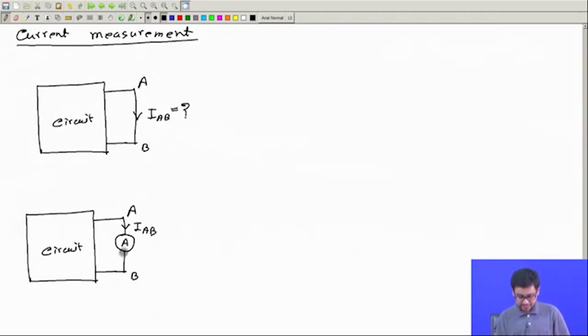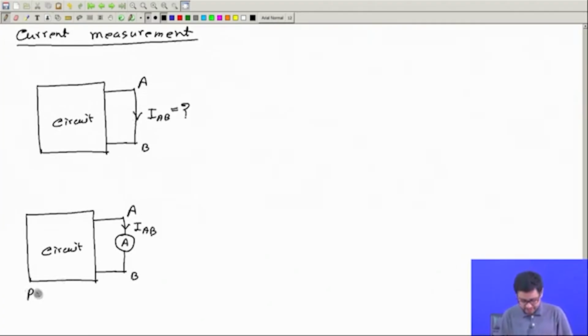The ammeter has some internal resistance, and the moment you insert it in this branch where no resistance was there, the resistance is increased, so definitely the current can change, the current can decrease. The more the internal resistance of the ammeter, the more the current will decrease. So the value that we actually measure will not be the same as the current which was there in the absence of the meter.